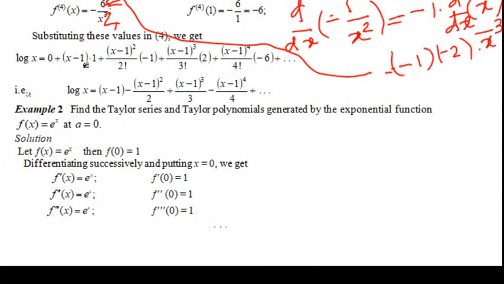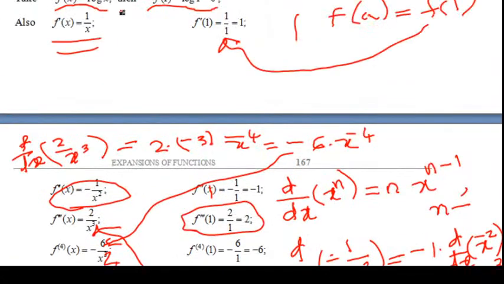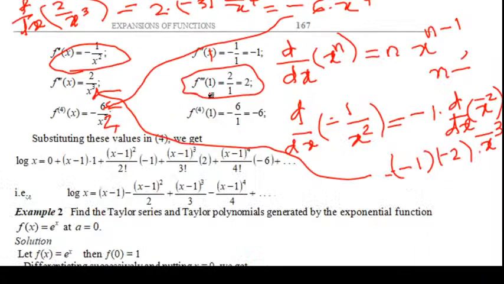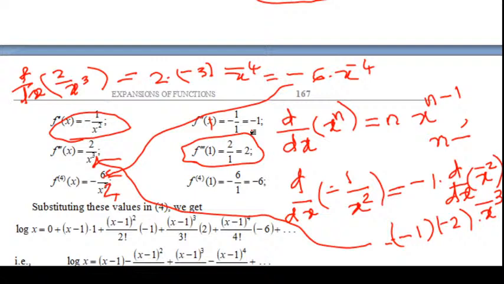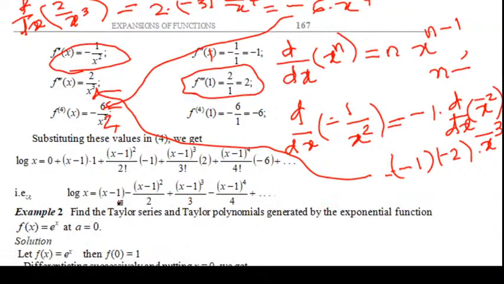Yes. Second step is x minus 1 into f prime of 1. What is f prime of 1? F prime of 1 is 1. Plus x minus 1 all square by 2 factorial times f double prime of 1. What is f double prime of 1? F double prime of 1 is negative 1. So we put it here, negative 1. Similarly, the other ones are 2, negative 6.